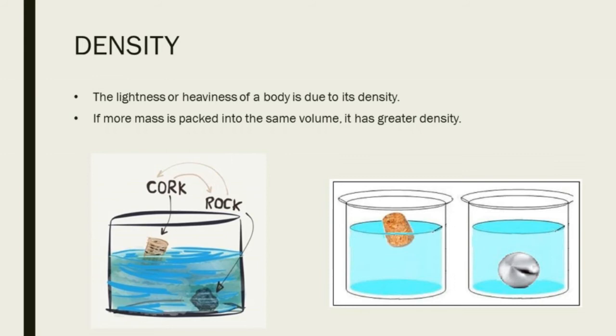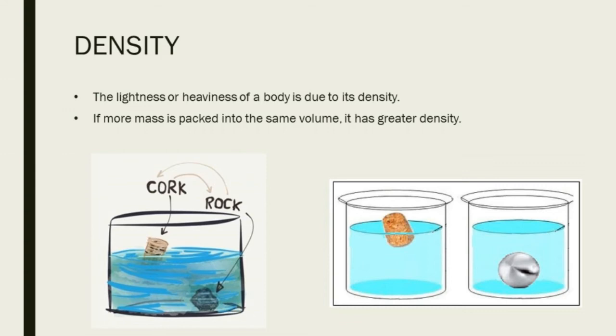To understand the concept of density, let's do one activity. Take an iron block and a wooden block of the same mass, say 1 kilogram. Measure their volume. Which one of them has more volume and occupies more space? The wooden block occupies more volume than the iron block of the same mass.